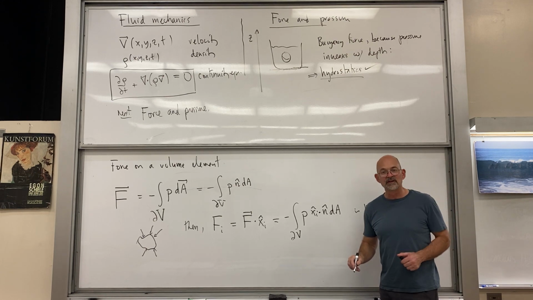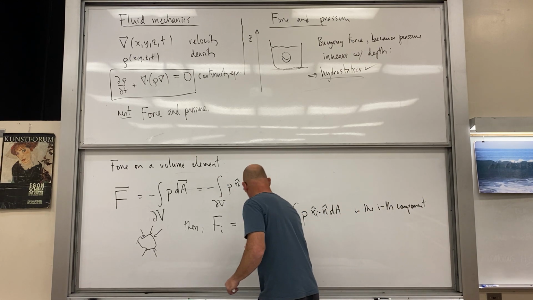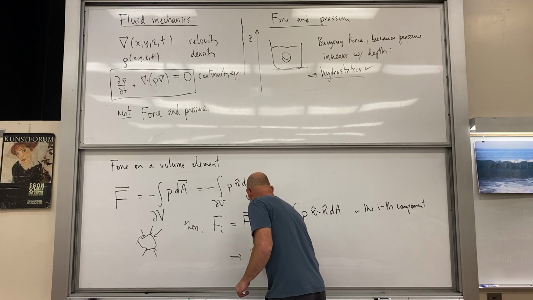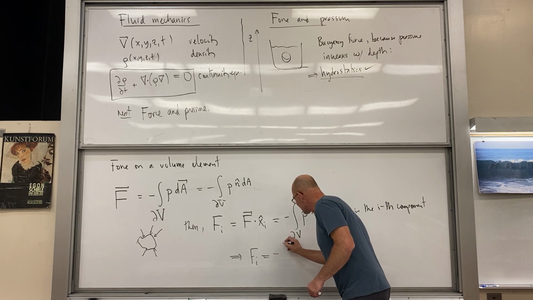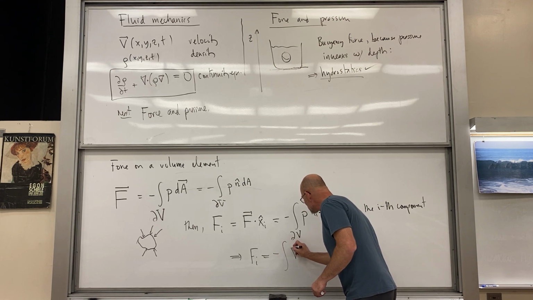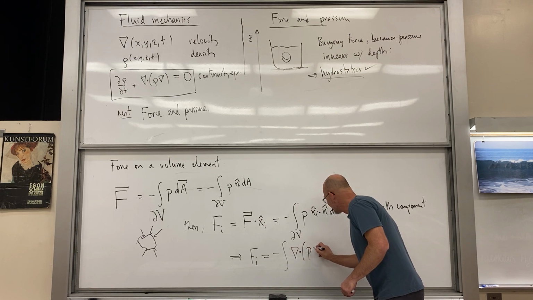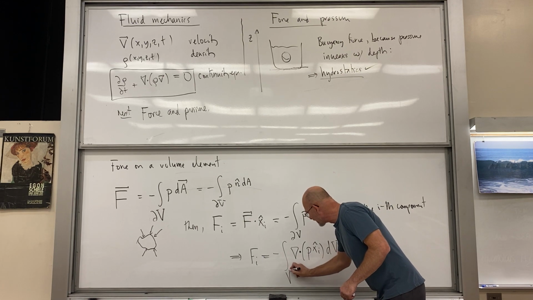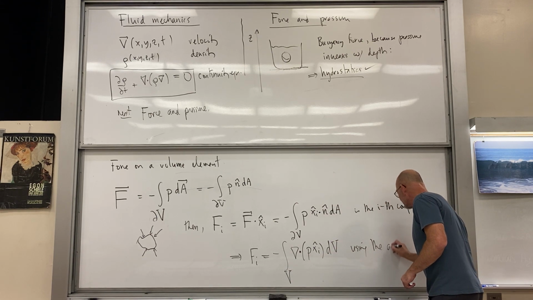And now we can use the divergence theorem again. This means that F sub i is equal to minus integral of the divergence of P xi hat d volume over that volume, using the divergence theorem.